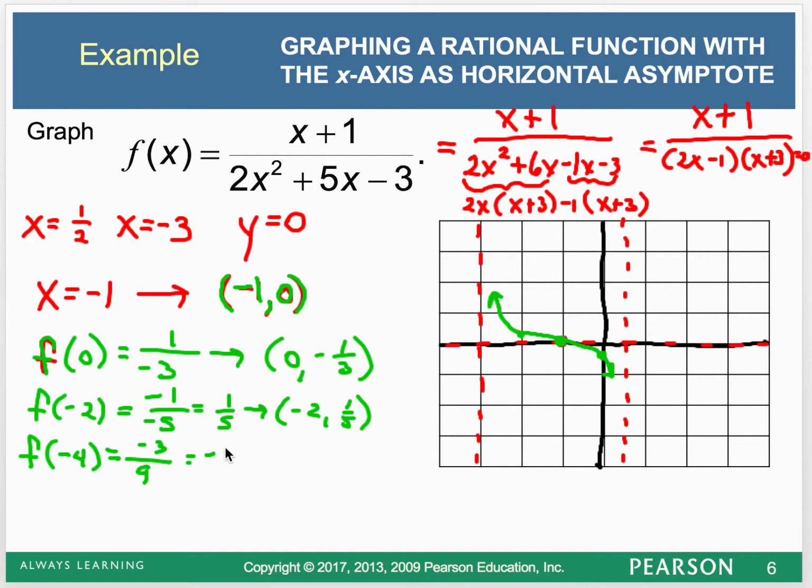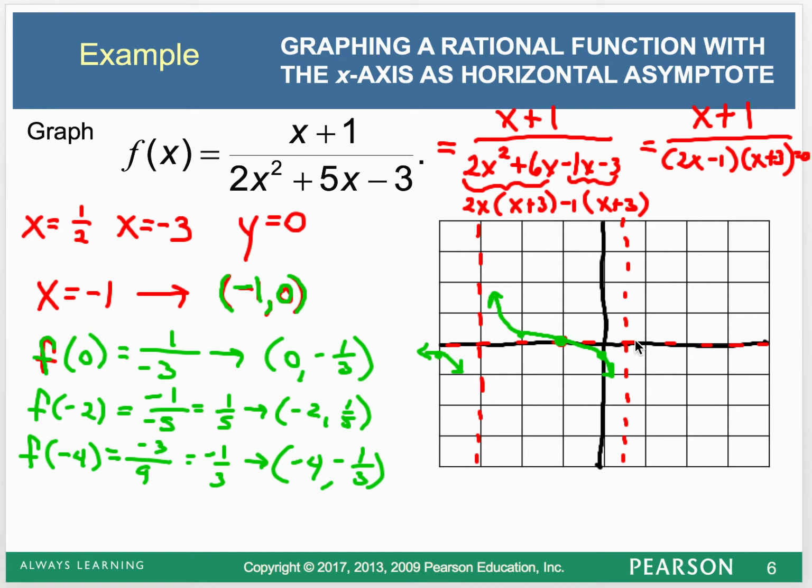So this is negative 1/3. So I have the point, negative 4, negative 1/3. All right, so I know it looks like that. And one more point, maybe two.